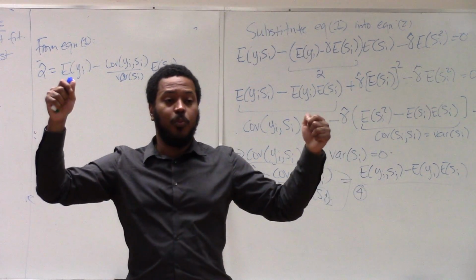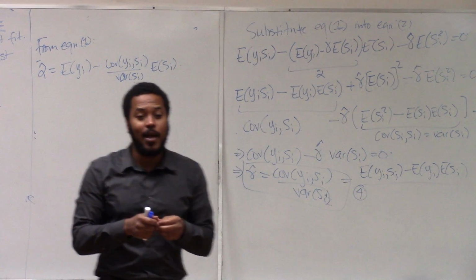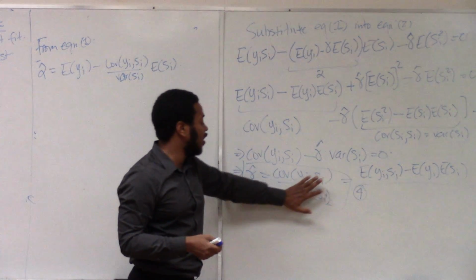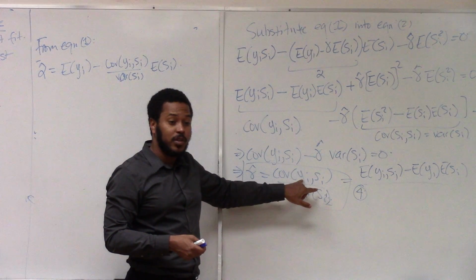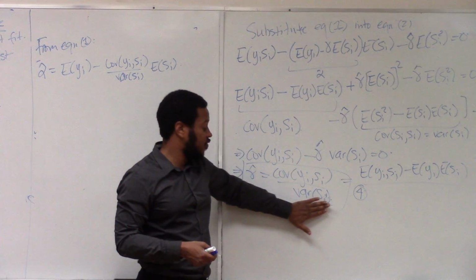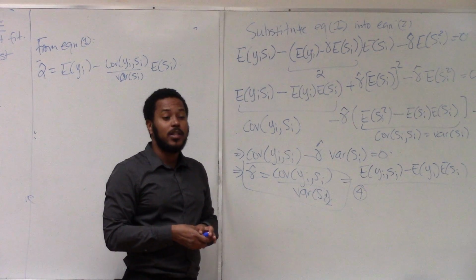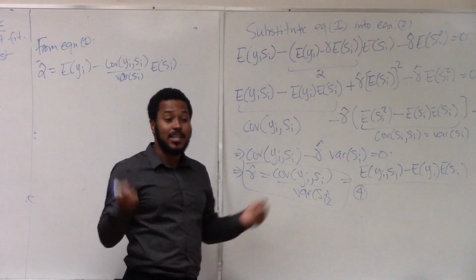The point of this exercise was that if our criterion is minimizing the prediction error, we can look at the covariance between the outcome, log wages, and schooling, and the variance in years of schooling, and use that to predict the average rate of return to education in that data set.